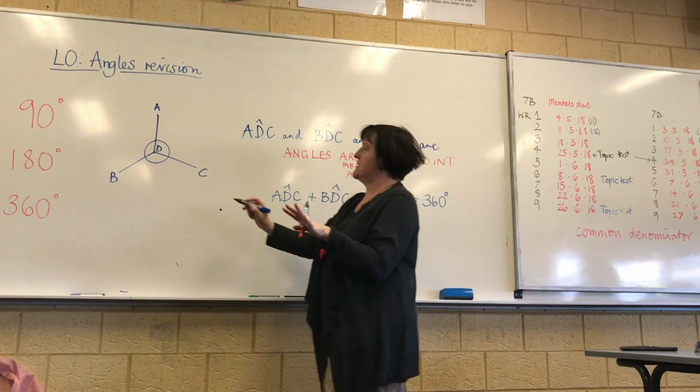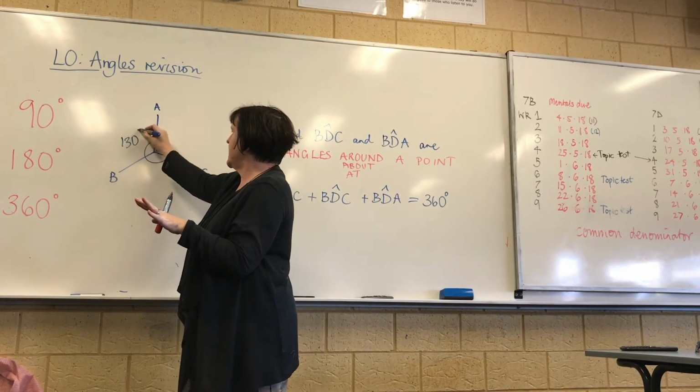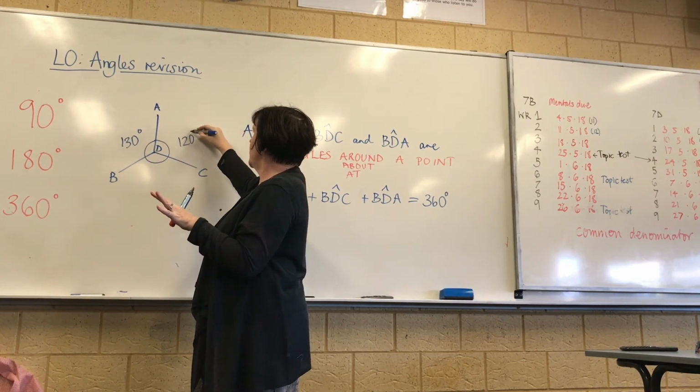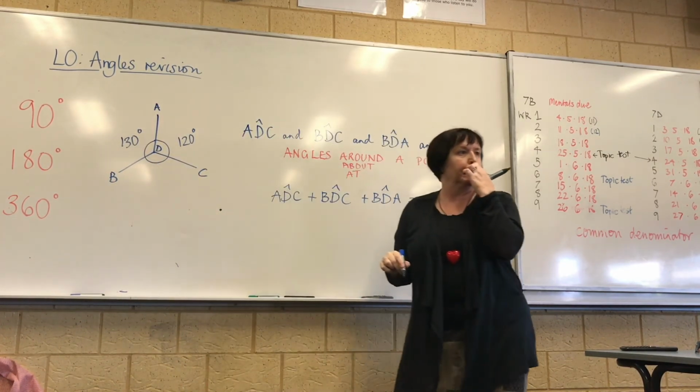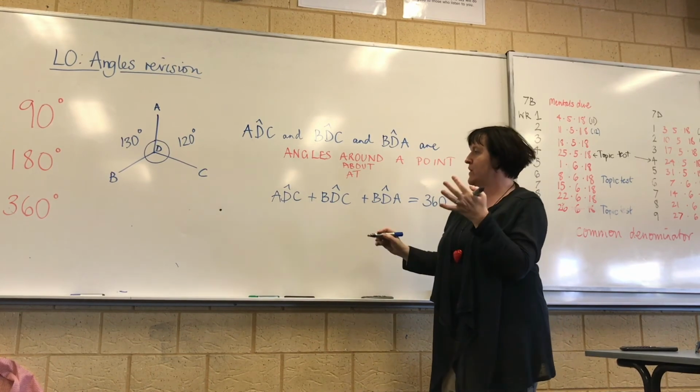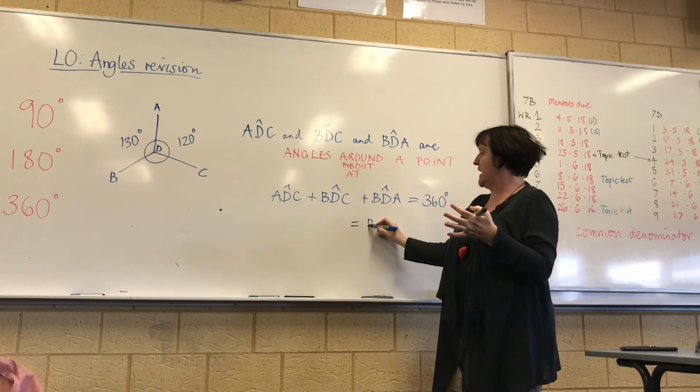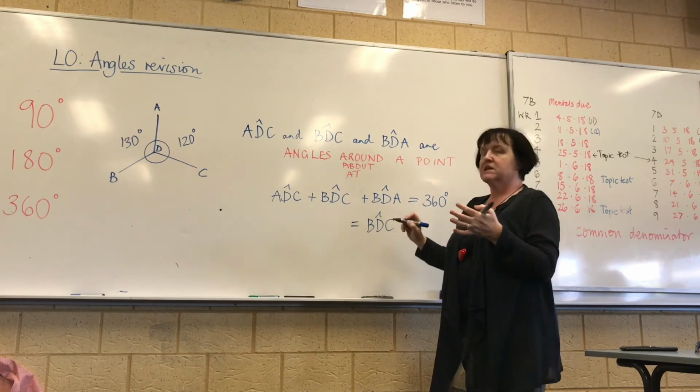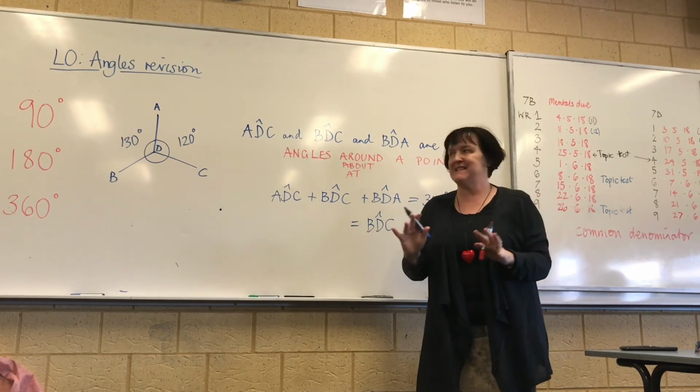So if you were given this one, say 130, and that one's 120, the way that we've got to find BDC, don't we? So this is the best way to set it out.